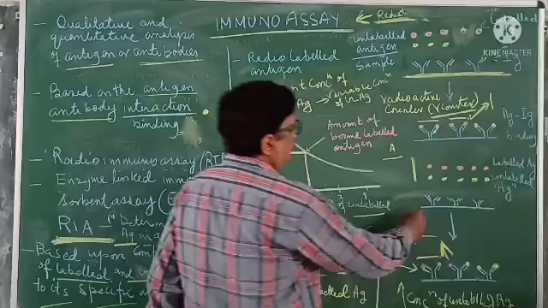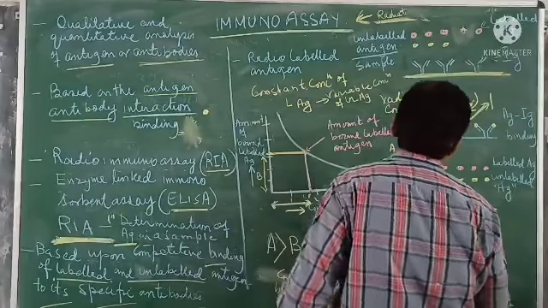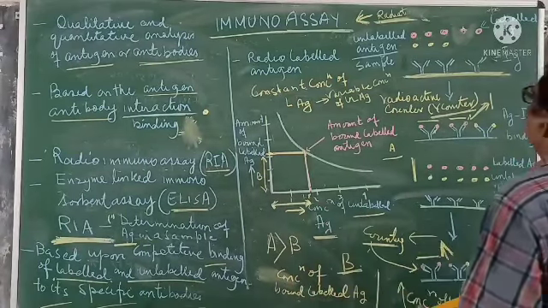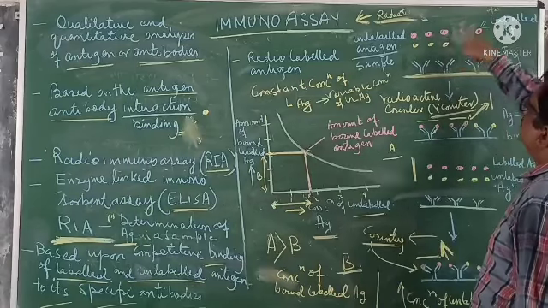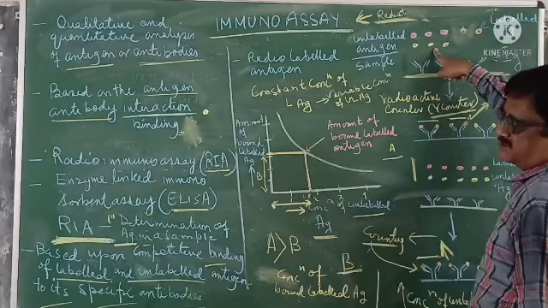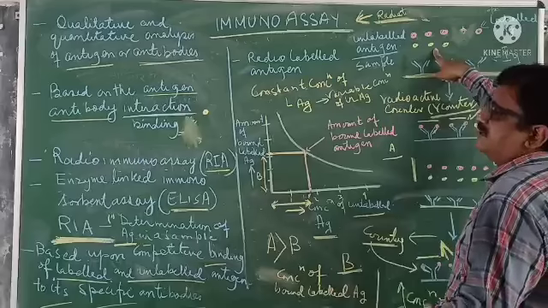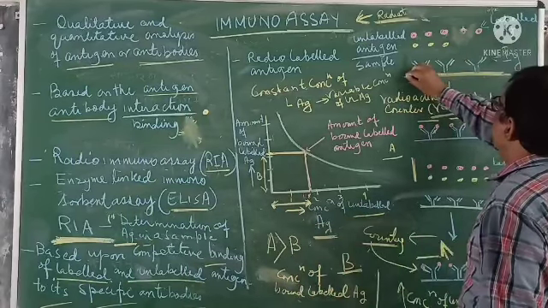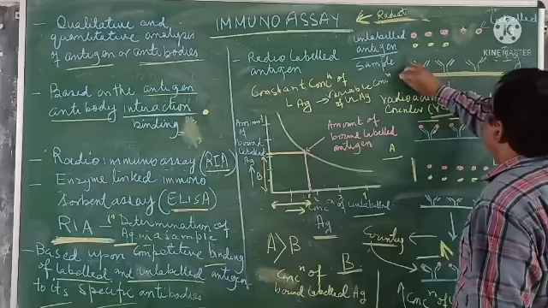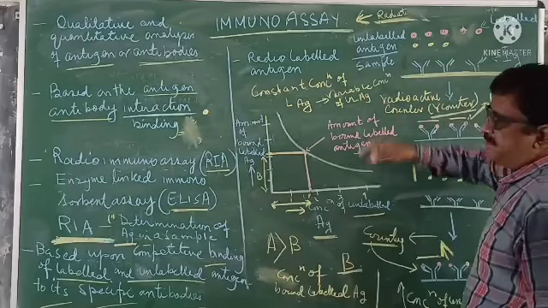So in this step, we first take the known concentration of antigen and the unknown concentration of antigen, that means the antigen present in the sample, and this is the bound antigen surface which is already prepared.